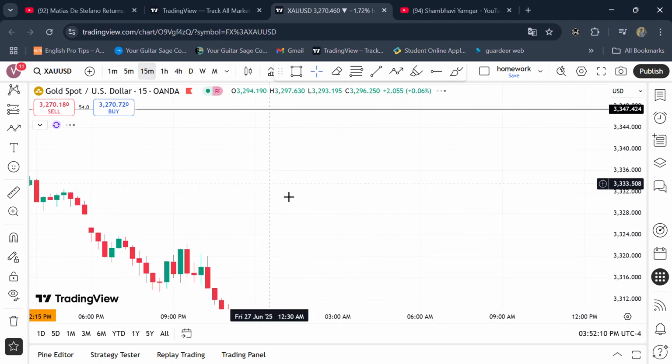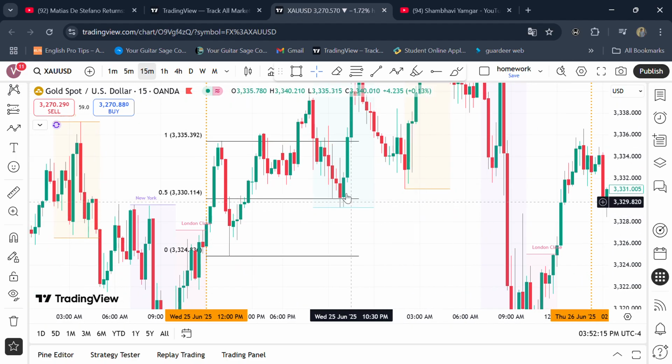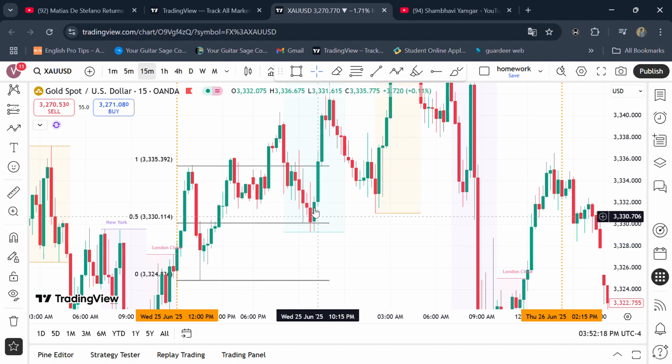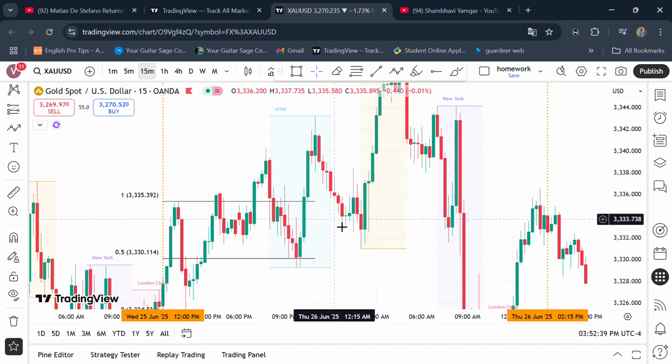So if we go to the 15-minute time frame, you will see here the Asian session taking a rejection from this equilibrium. You could have entered this trade itself, but this would have been an early entry, since we need something to back up our hypothesis that the price is going up from here, and we needed a right entry.